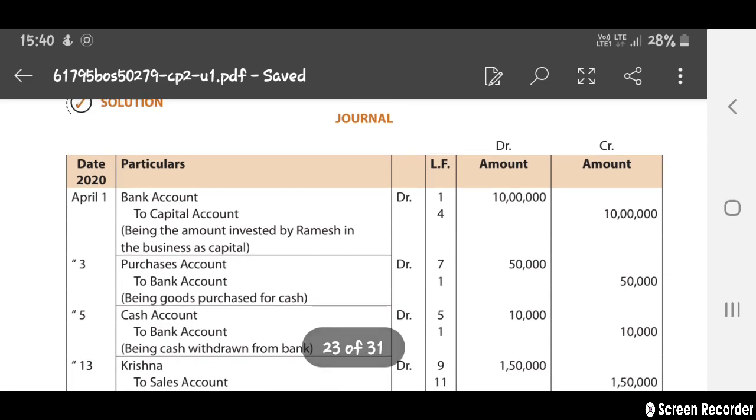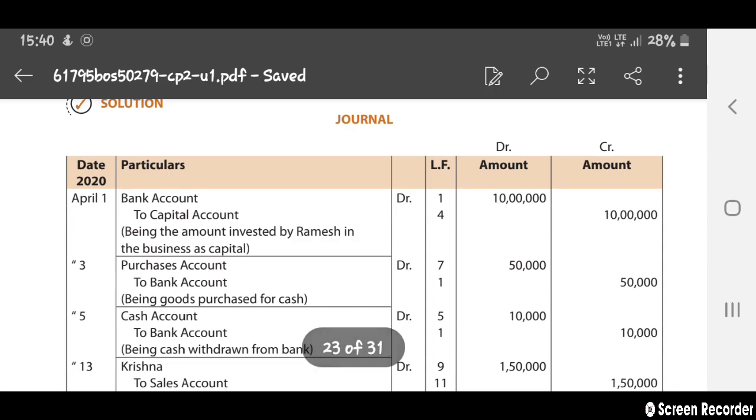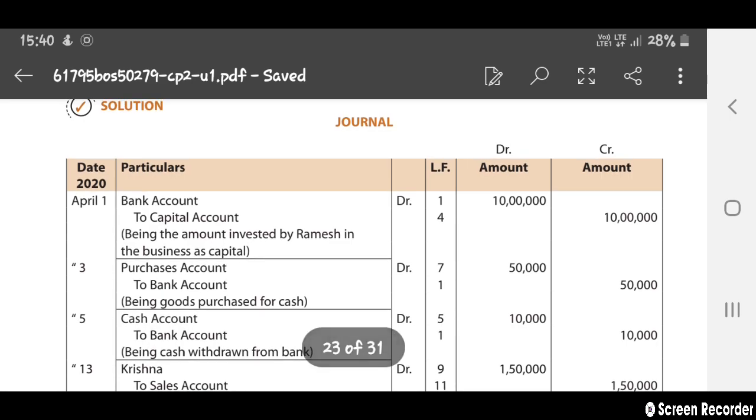So April 1st they have asked, bank account to capital account. It is the amount invested by Ramesh in the business as capital. He has invested some amount from his bank into the business as capital. Bank account is debited, ledger 1, and capital account is credited, ledger 4.